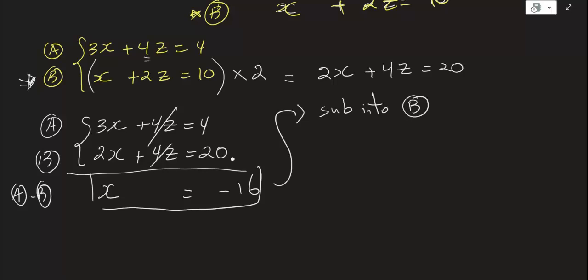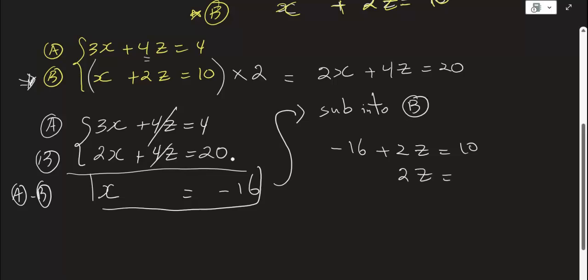And then what we'll get is negative 16 plus 2z equals 10. We're solving for z, so 2z equals 26, z is equal to 13. I have jumped through a couple of steps, and I assume that you guys know how to do that.